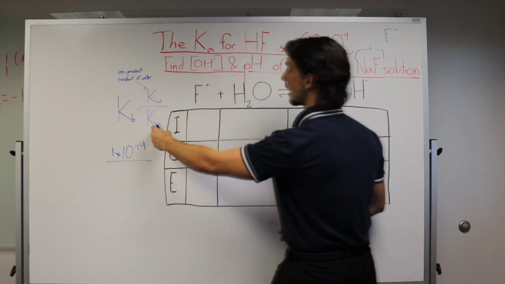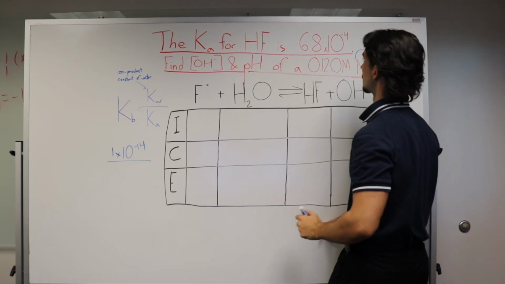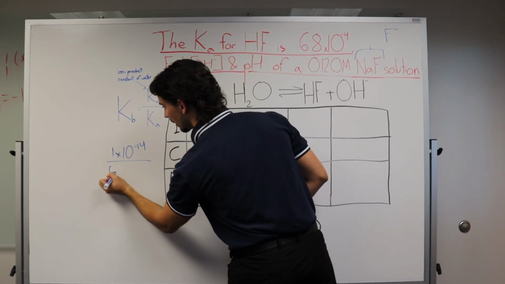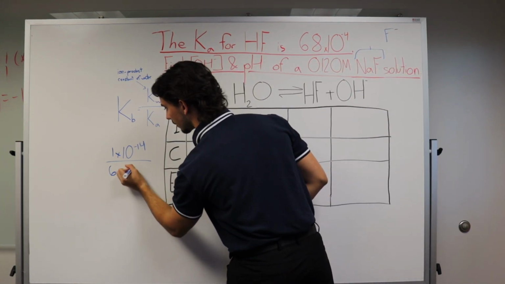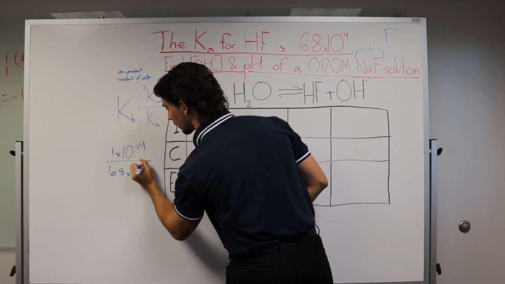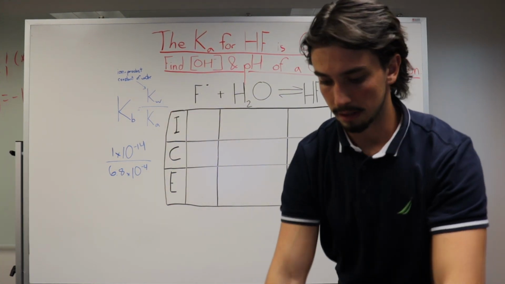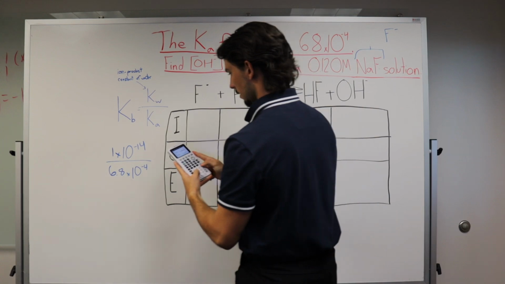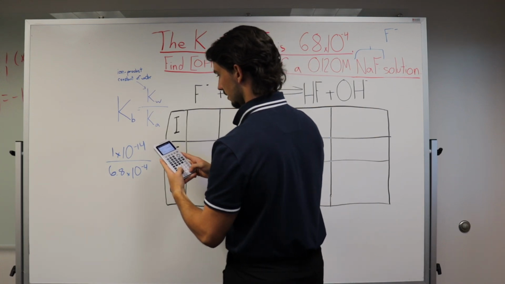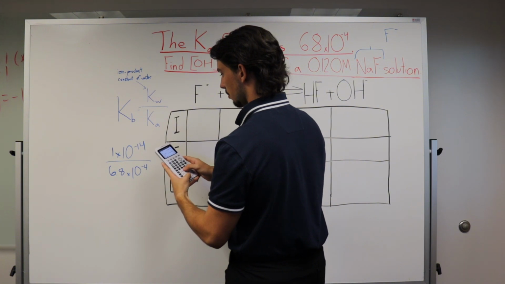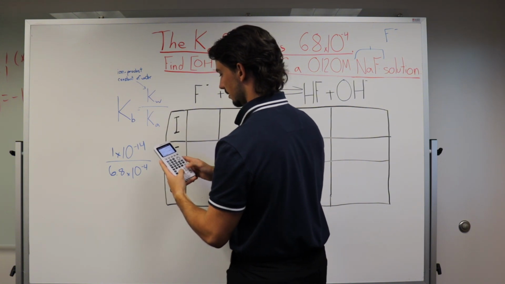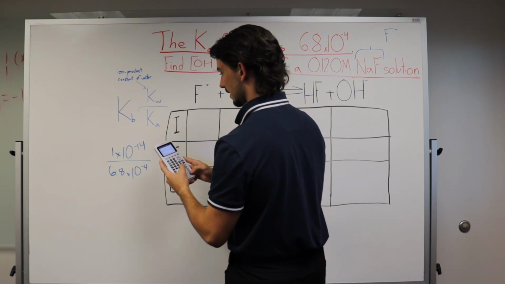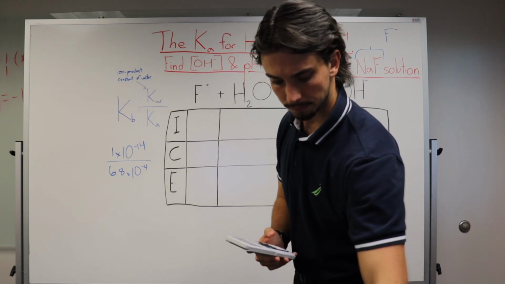Perfect. All we're missing is Ka. No, we're not. It's given to us. 6.8 times 10 to the negative 4. And this is good. This is what we need to find the Kb. So if we take 1 times 10 to the negative 14 and we divide it by 6.8 times 10 to the negative 4, that's going to give us our Kb.